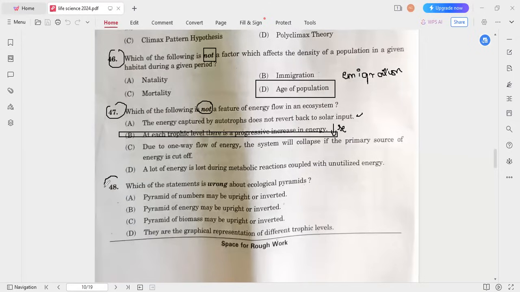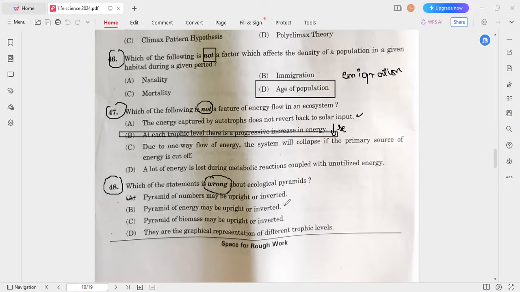Okay, so next question, that is 48. Which of the following statements is wrong? We have to find out the wrong one here, that is about ecological pyramids. Okay, so pyramid of numbers may be upright or inverted. Correct. Pyramid of energy may be upright or inverted.